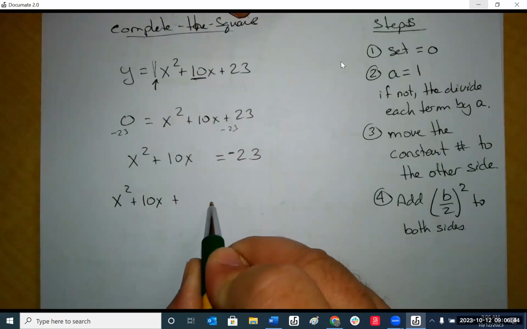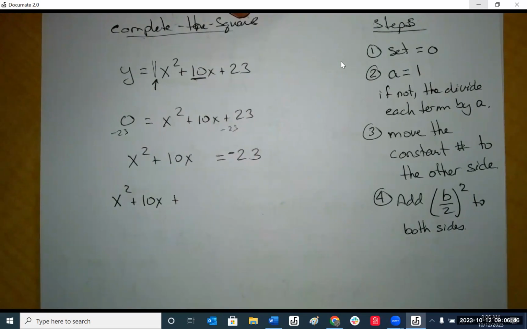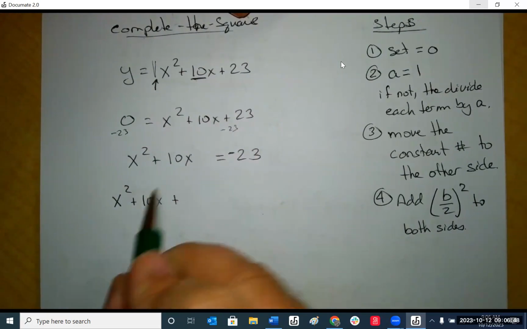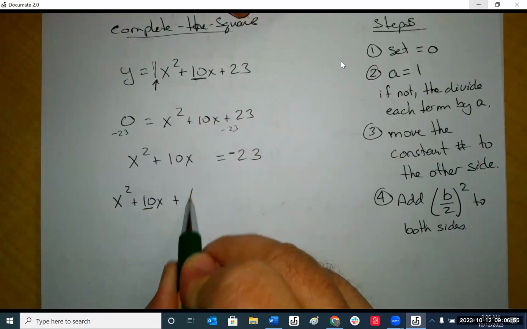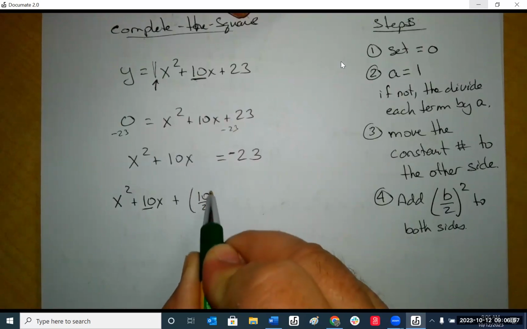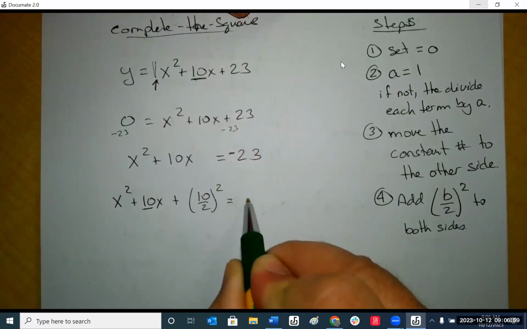So what is b? In our example, what is b? B is the coefficient of x. So we add 10 divided by 2 squared to both sides.